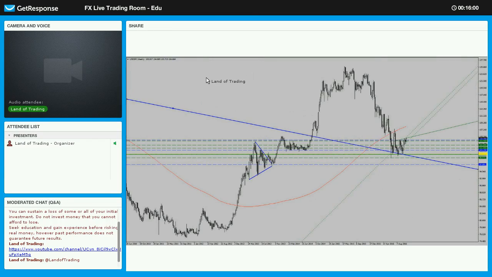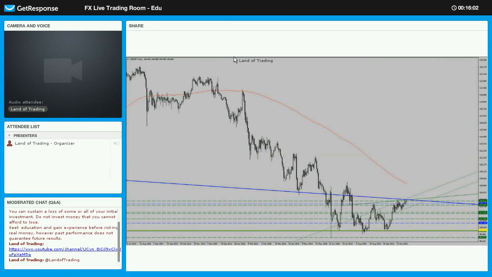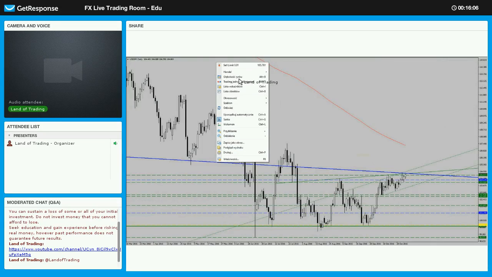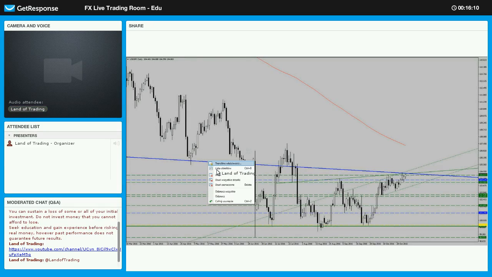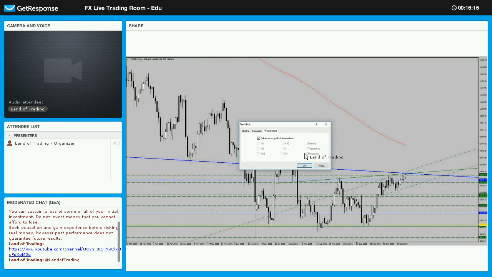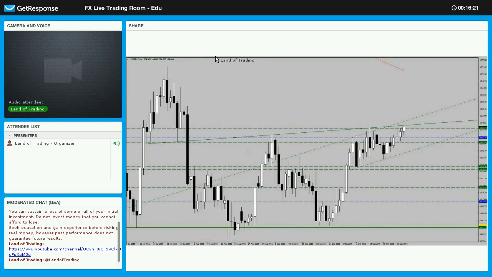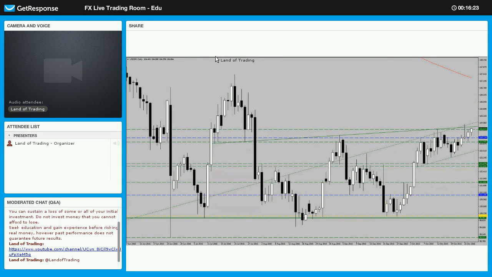Let's switch to the daily chart, on the MT4 platform. Obviously we are above the trend line. Let's make this trend line visible only on the weekly chart. Right now we are on daily.